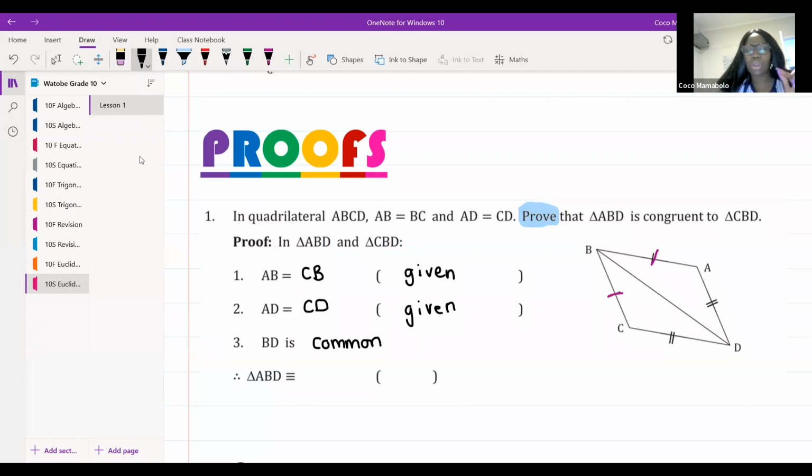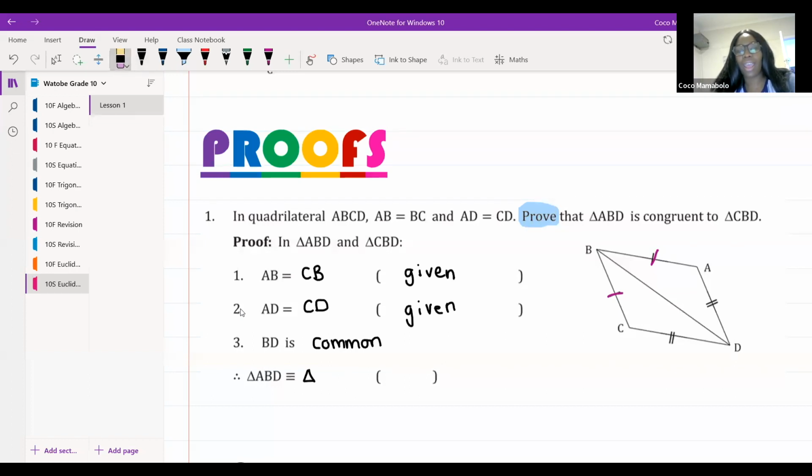Therefore, remember when I told you guys that therefore was going to be important? What did I say about therefore? Do not forget the therefore. The therefore is there for the answer. So remember, therefore, triangle ABD is congruent to triangle BCD, wrong.